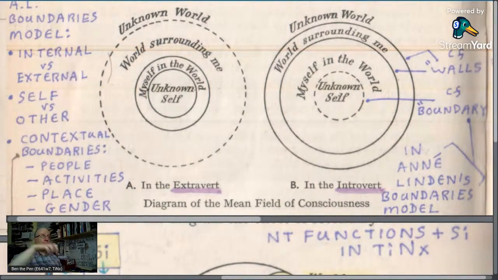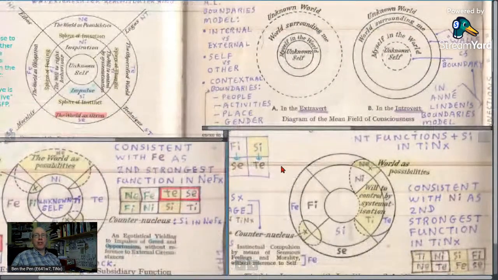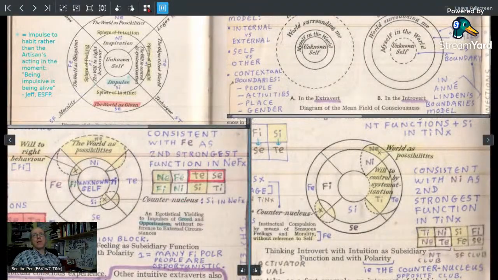And you've got some powerful functions there to do that with the valuing of the TE and the SE in ENTJ. And you've got a bit of weak FI that will develop later on. So it's the self in the world and it's controlling the self.